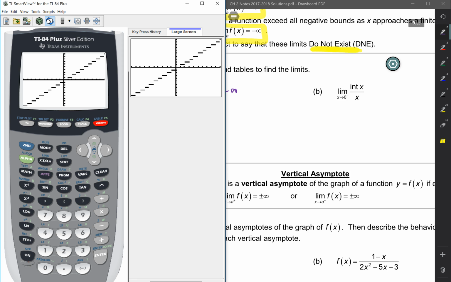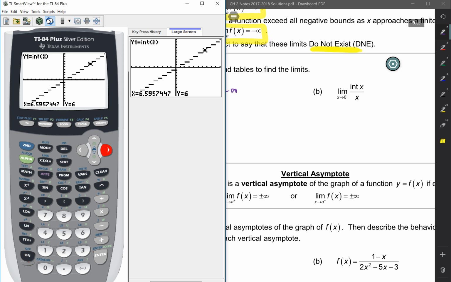So basically, if you trace it, look at the y values. It's y equals 2, and then y equals 3, and then 4, 5, 6.